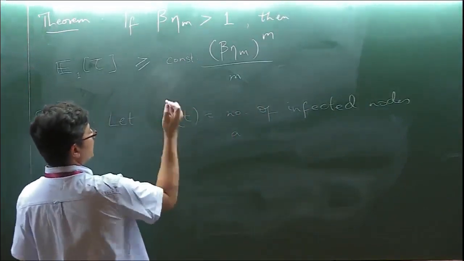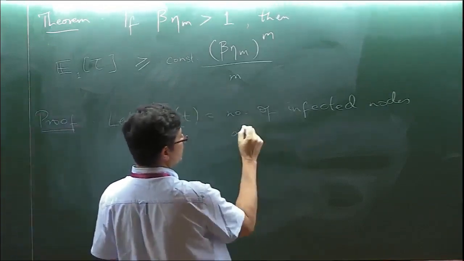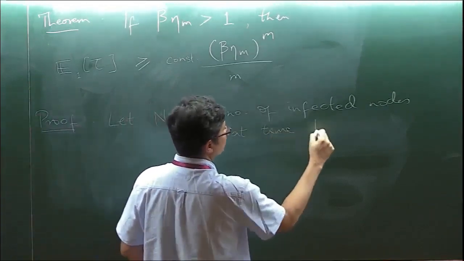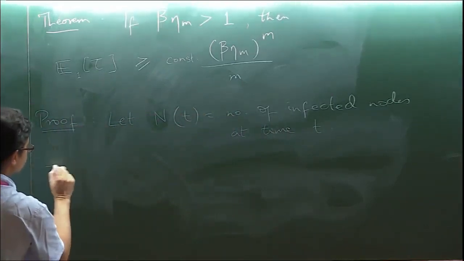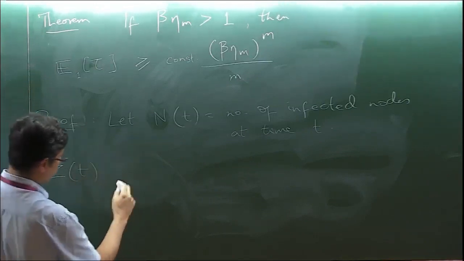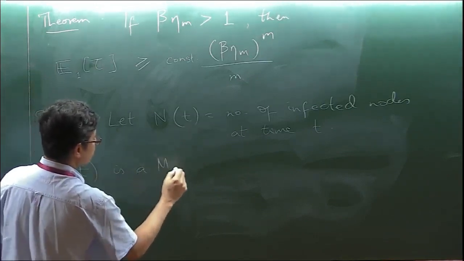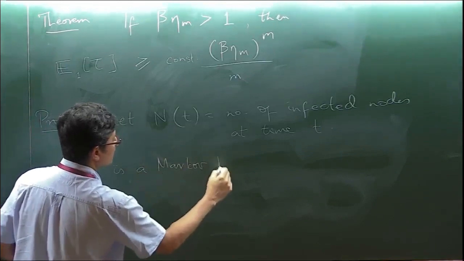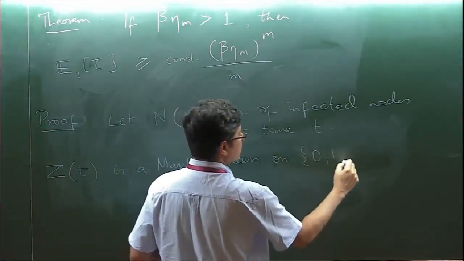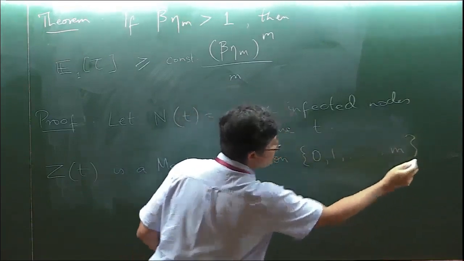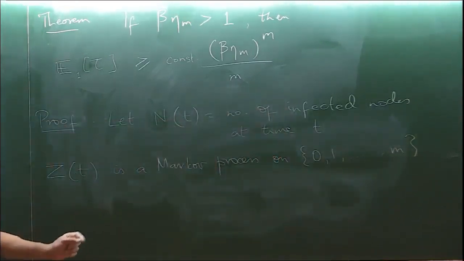Let nt be the number of infected nodes at time t. And I'm going to define an auxiliary Markov process Zt on the state space 0, 1 up to m.